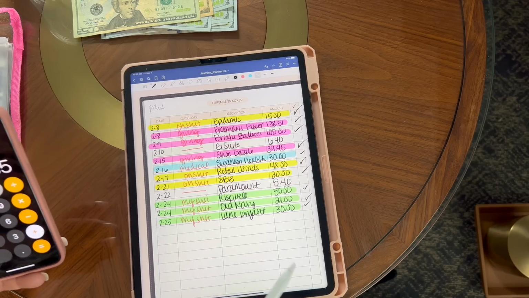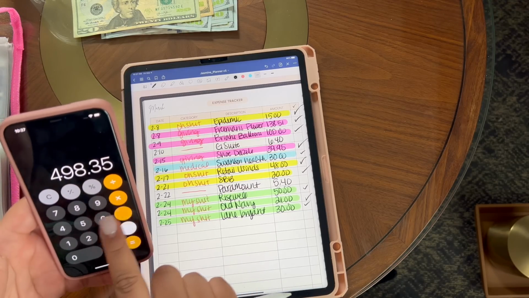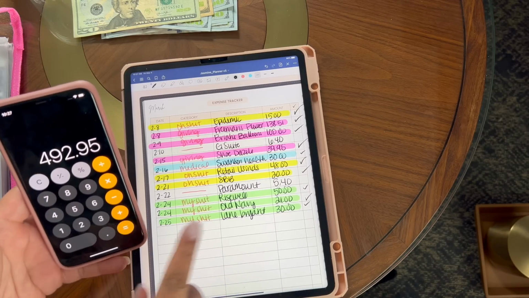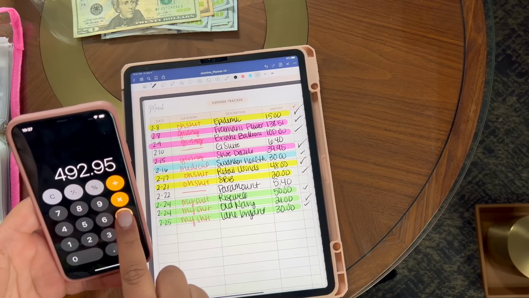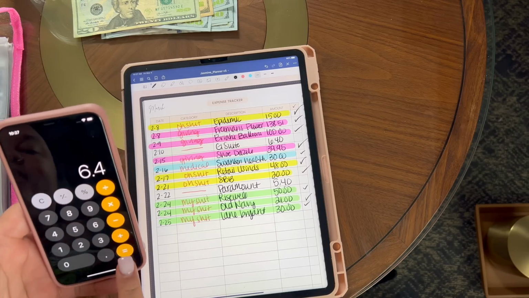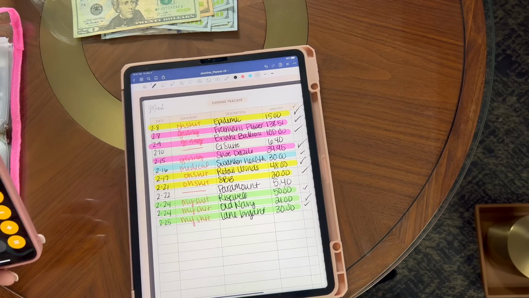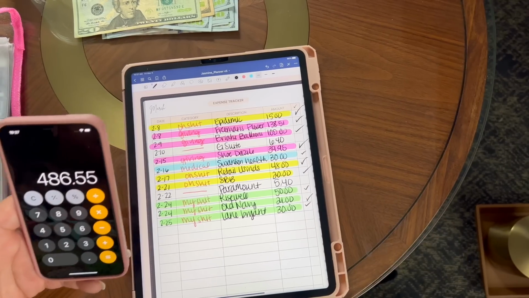So $498.35 is our total, and we're gonna subtract out, I shouldn't have added in those, the two unhighlighted ones, minus $640. So we should have $486.55. Sorry.